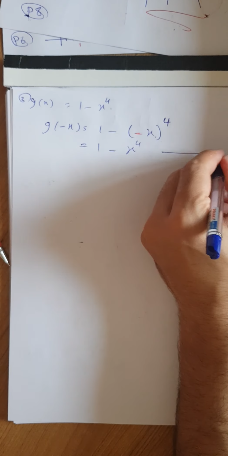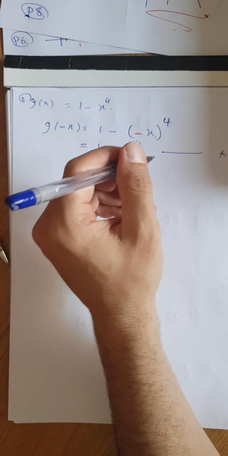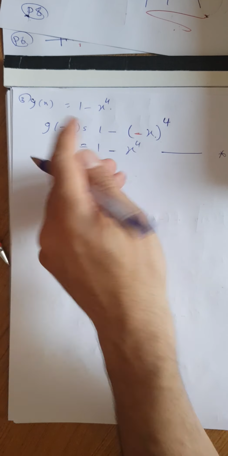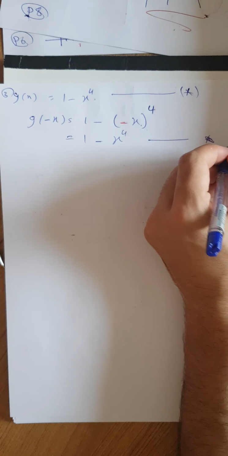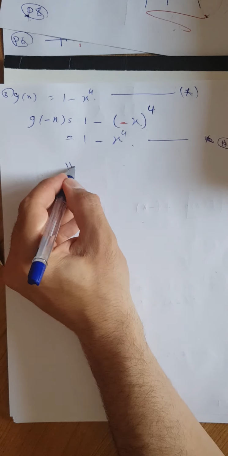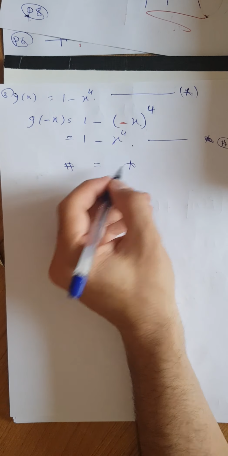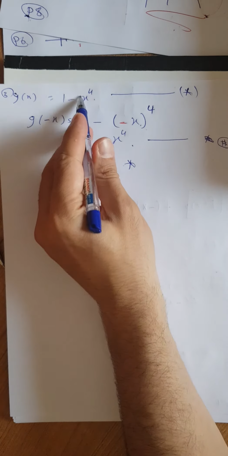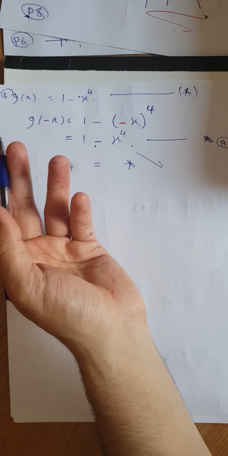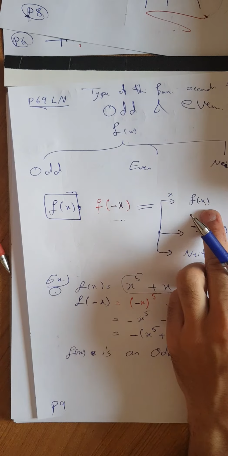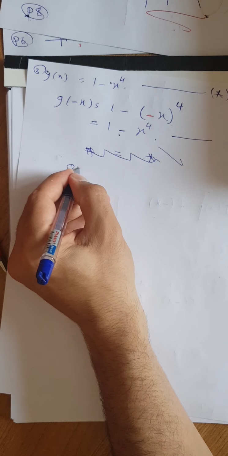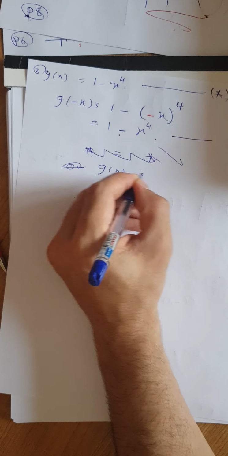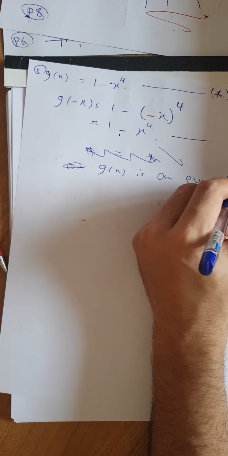I get just x to the power 4. Let the original be the star and this equation be the hash. Is this equation equal to star? Look, this one is equal to that one. Yes. So our function g of x is an even function.